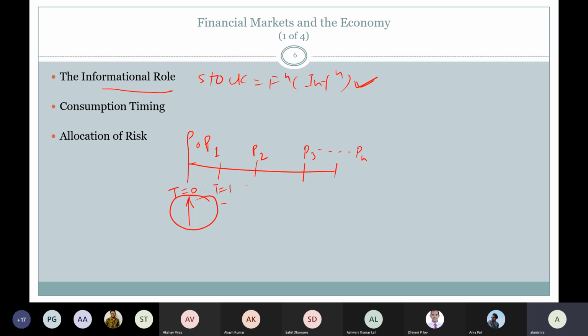But if it is not being reflected, it means your market is not functioning well, or there is some kind of delay in information processing, and that's why it is not fully reflected in price. So even whatever portfolio you may be thinking to create, assuming that all the information is already adjusted in the stock price, that may not happen.